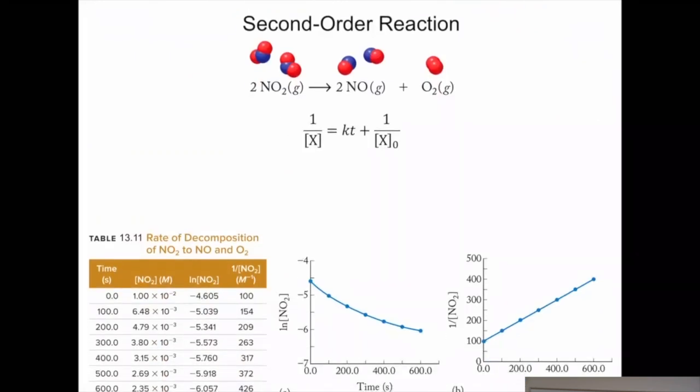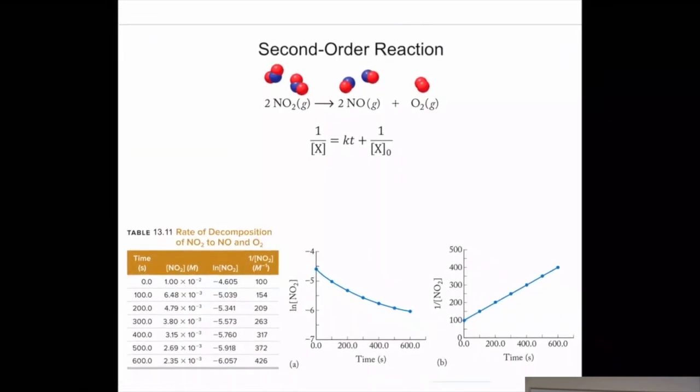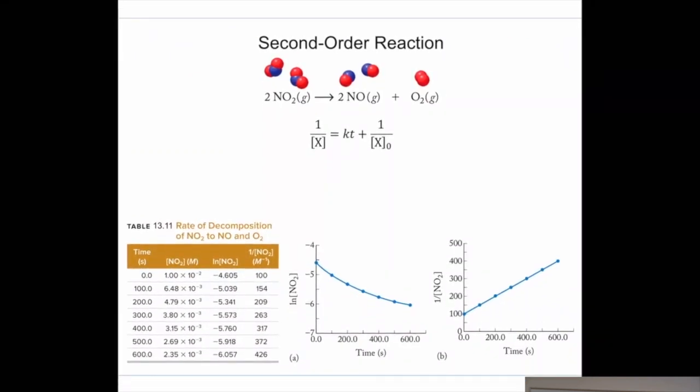Here's another example. This is a second order reaction. Oh, the answer to my question was at the top of the slide, wasn't it? Once again, you collect data, you plot it three different ways, and you ask which is linear. This one is linear, so that's consistent with the rate law, with the order of the reaction.